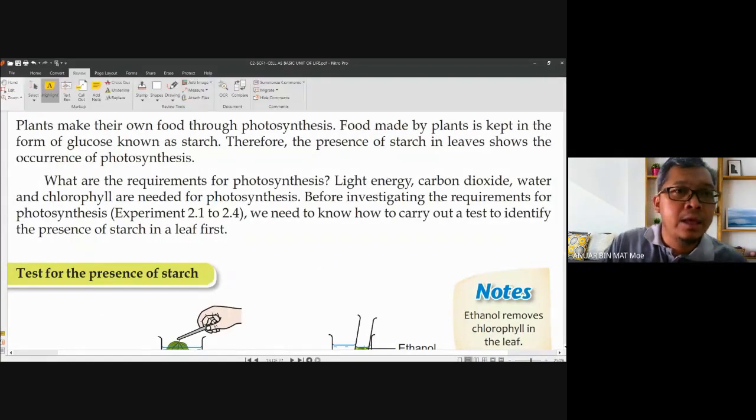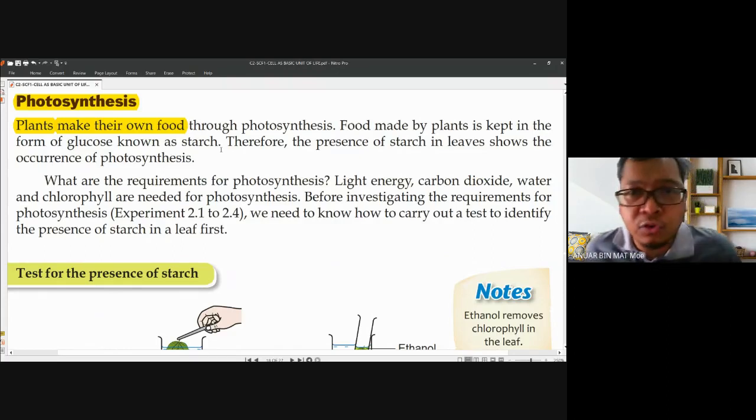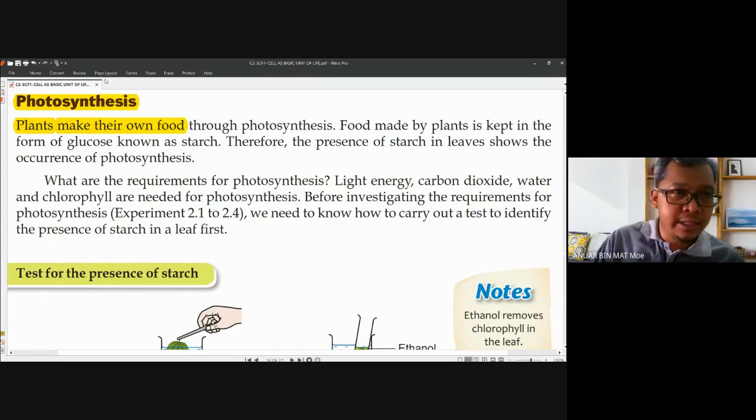Photosynthesis. What is photosynthesis? It only occurs in plants. Okay, only in green plants actually. What is the process of photosynthesis? Plants make their own food. Because the plant can make its own food, we call the process photosynthesis.